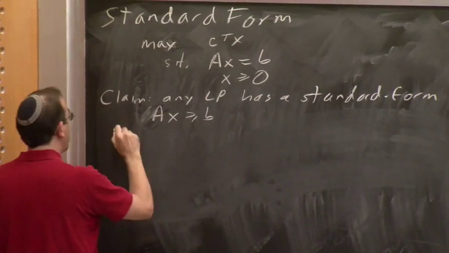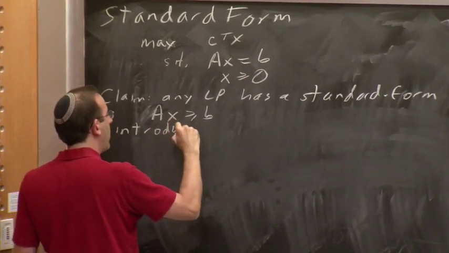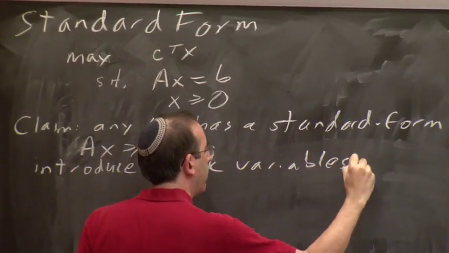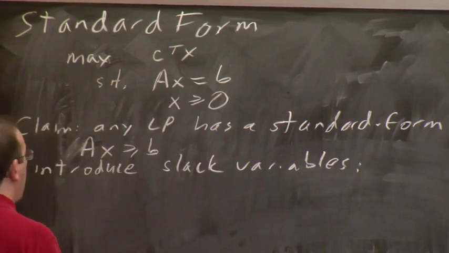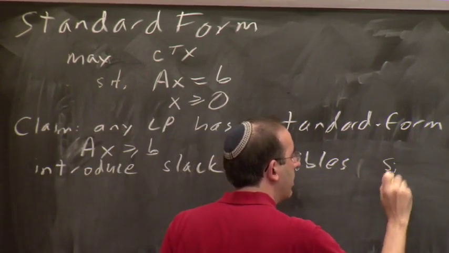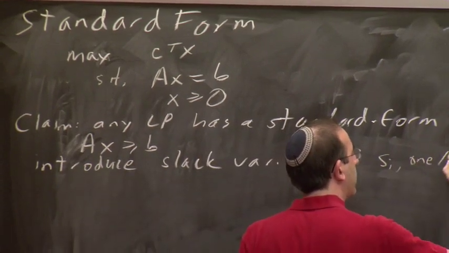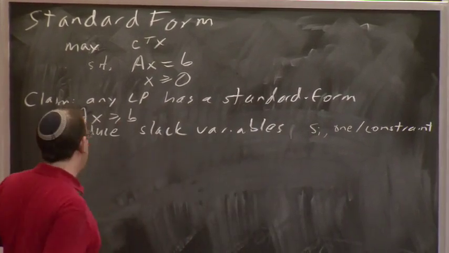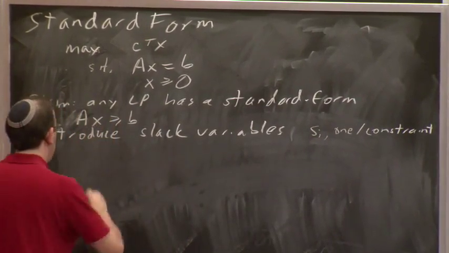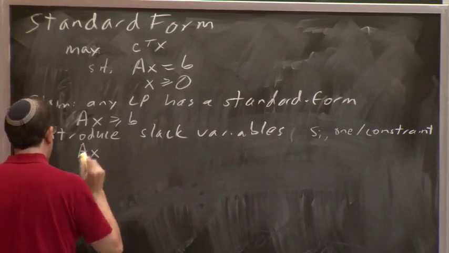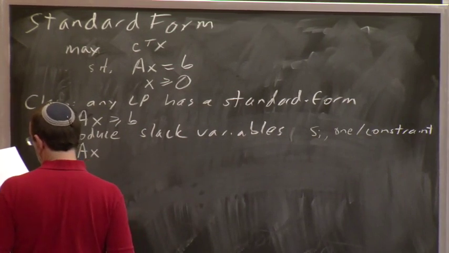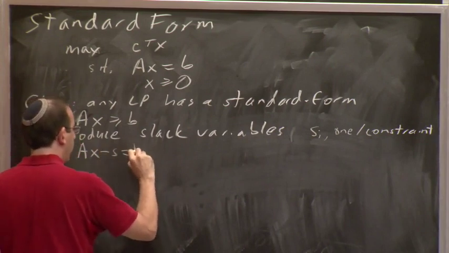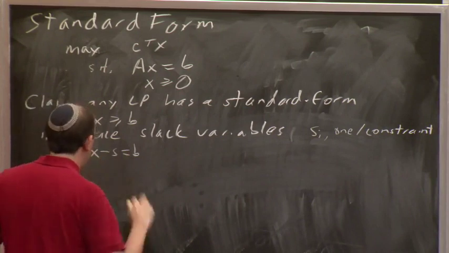And the answer is we introduce a bunch of new variables, which are called slack variables. And we'll call these si, and there's one per constraint. And now, instead of writing Ax greater than or equal to b, we write Ax minus s equals b, or Ax equals b plus s, right?